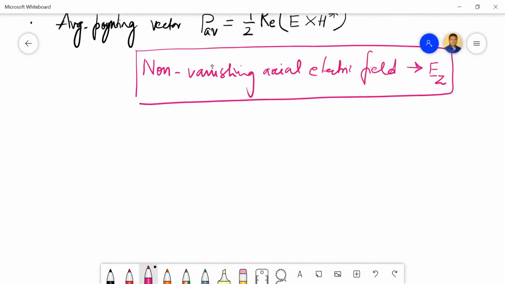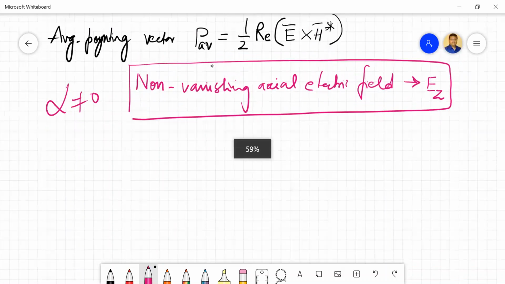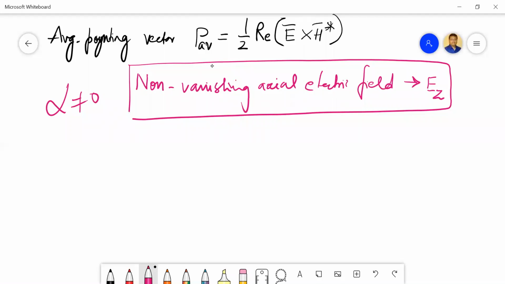Particularly when alpha is not equal to 0, then I'm saying this thing. Now, if you expand this average power, how will it look? This is half the real part of, now how many components of E do we have?